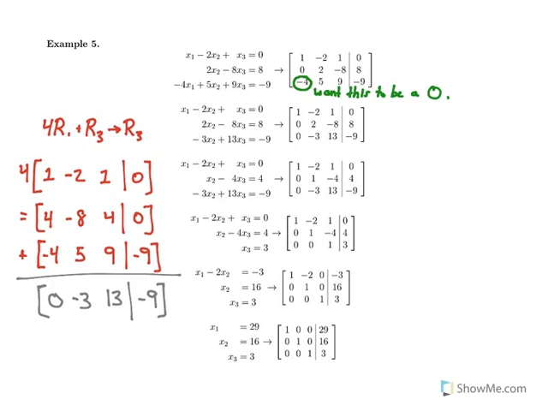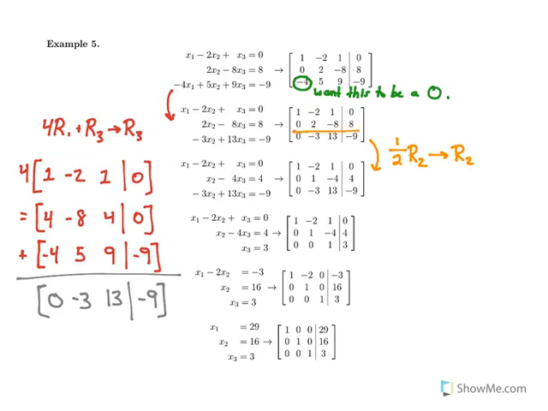We have more operations that we're doing, so let's look at the second thing. That was from this first system to that second system. From the second system to the third system, we are doing the scaling operation. We're taking 1/2 row 2 and replacing row 2 with it.